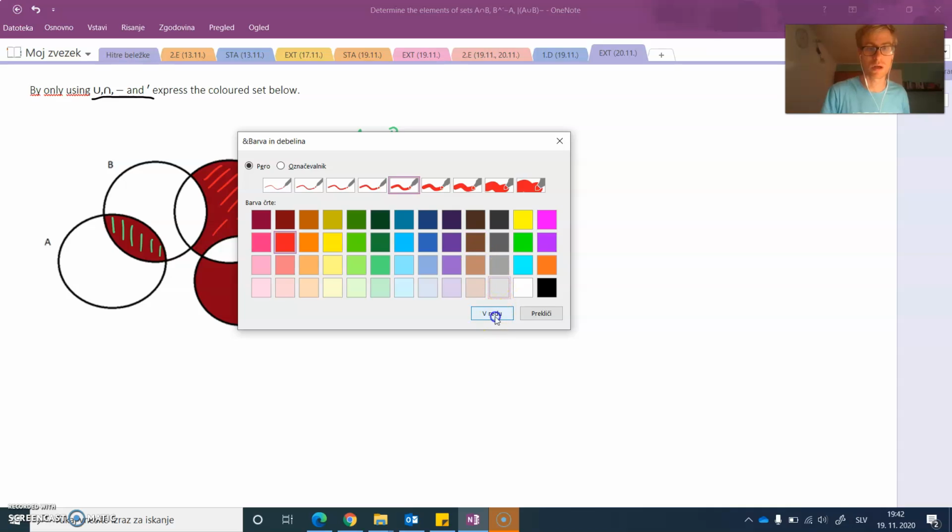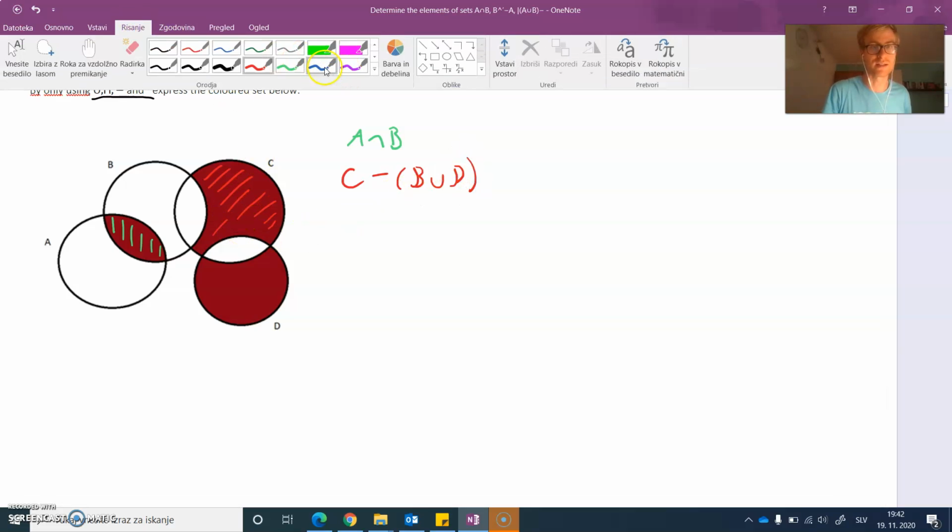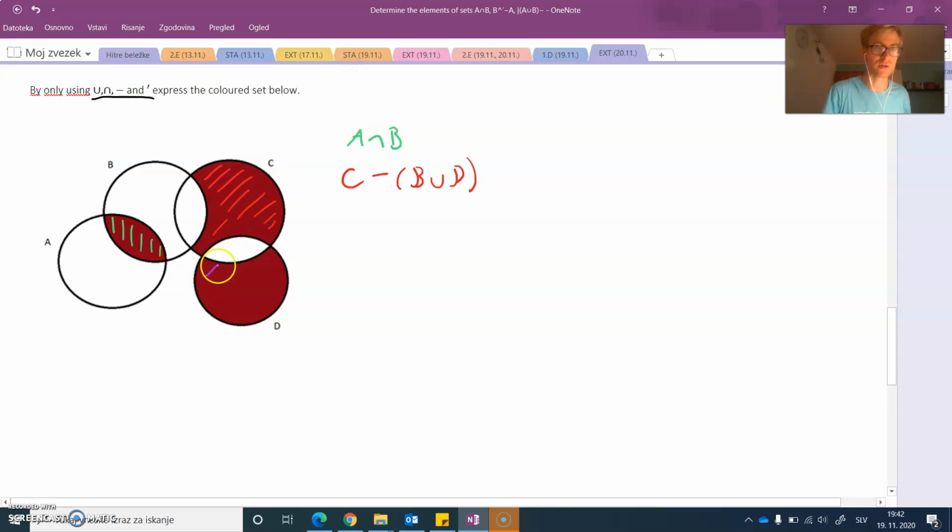So C without B union D. B union D. That's the red set here. And then the last one, let's say with purple, you see those are all the elements that D has, and you see there's no C in.